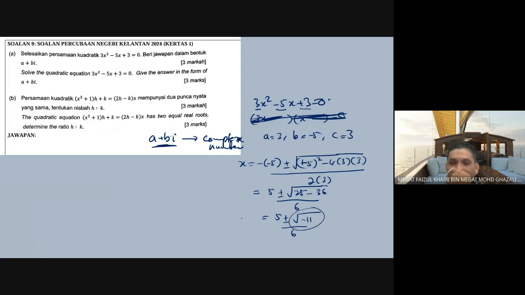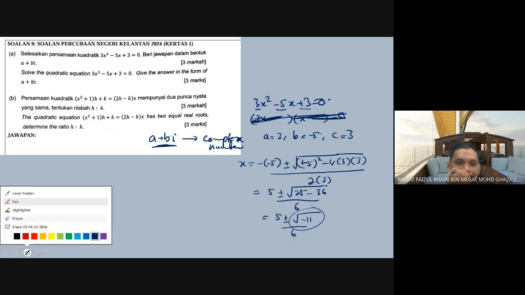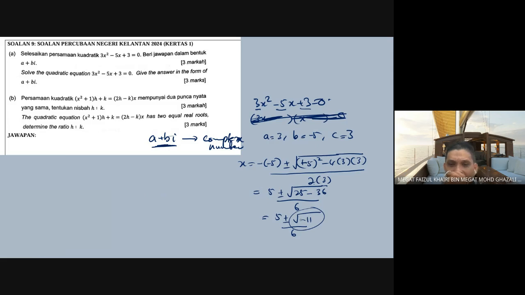Now, look at this. We have a negative inside the square root sign. For example, square root of -9. This is square root of -1 times 9, where square root of a times b equals square root of a times square root of b.